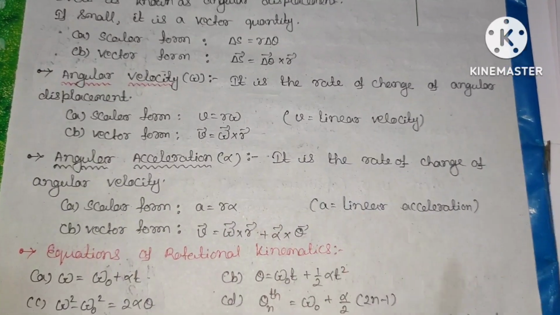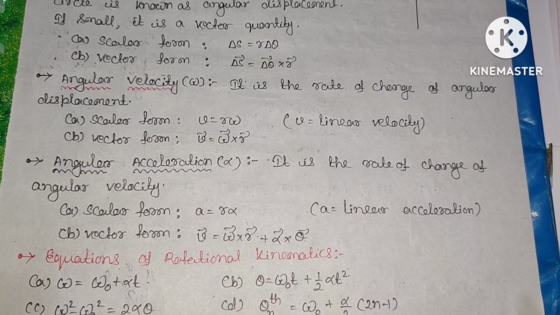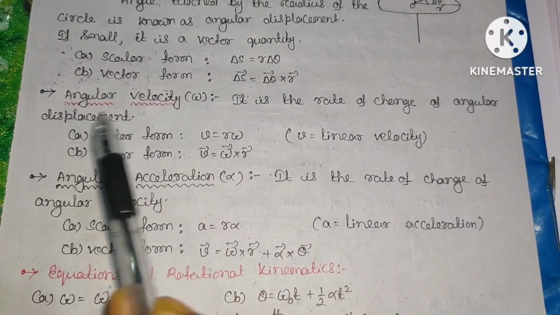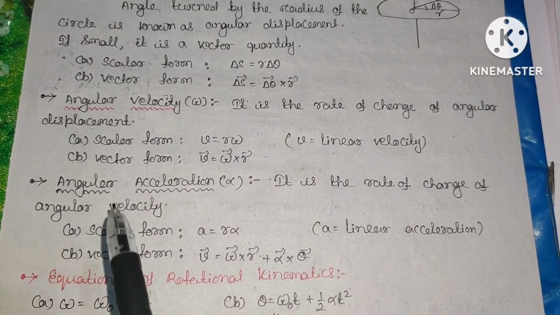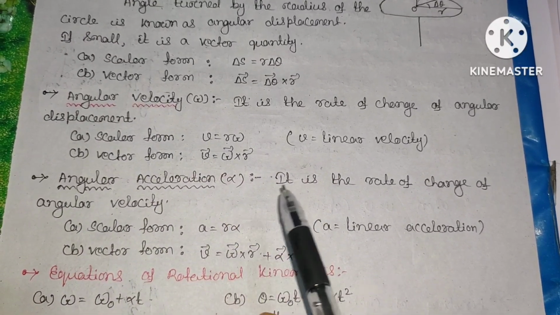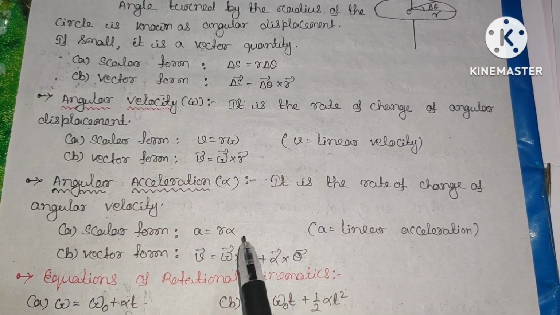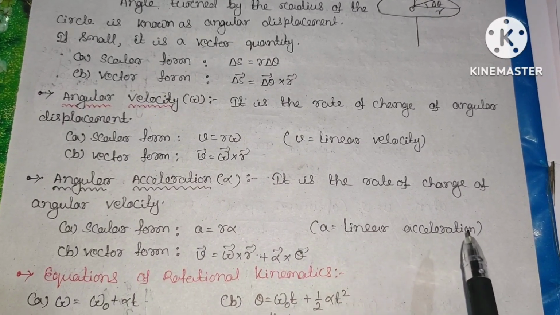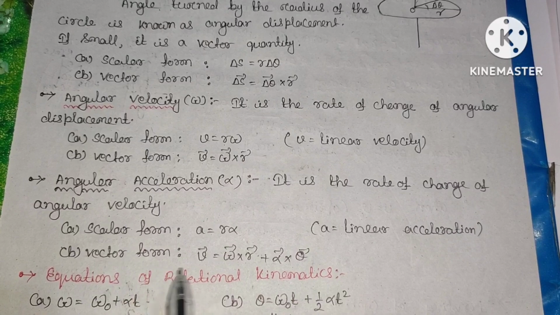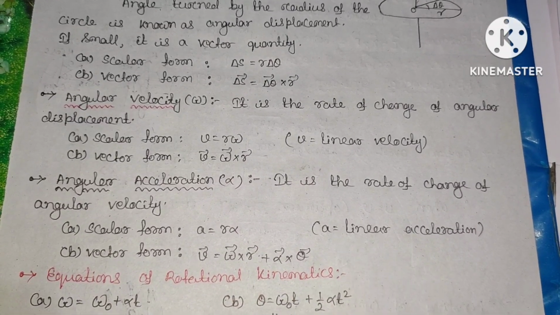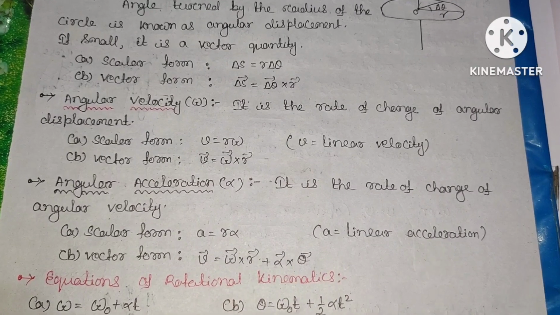As you can see in the linear velocity in the last lecture, you can compare the linear velocity with the angular velocity and the linear acceleration with the angular acceleration. In scalar form, a equal to r into alpha, where a is the linear acceleration, and in vector form a equal to omega cross v plus alpha cross r. These are the vector quantities.